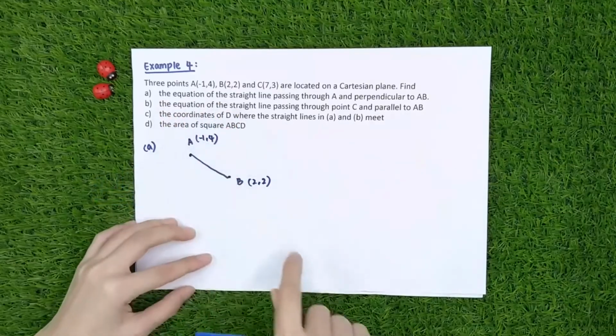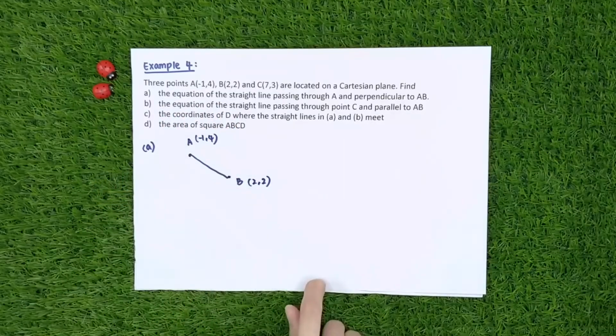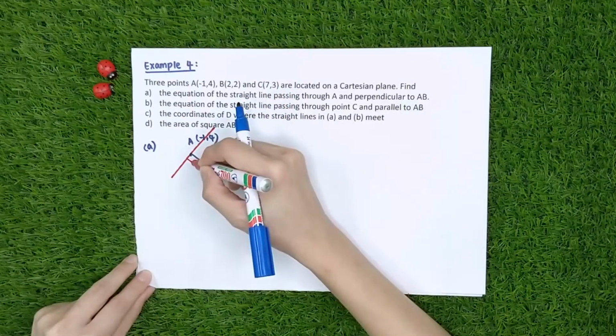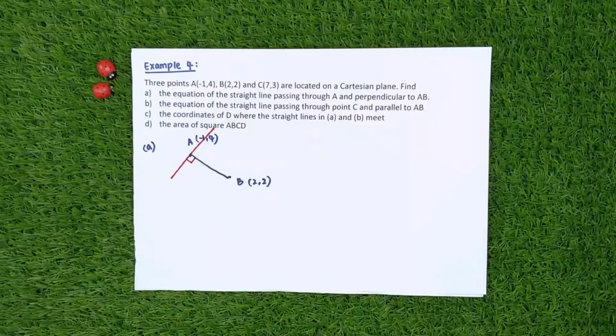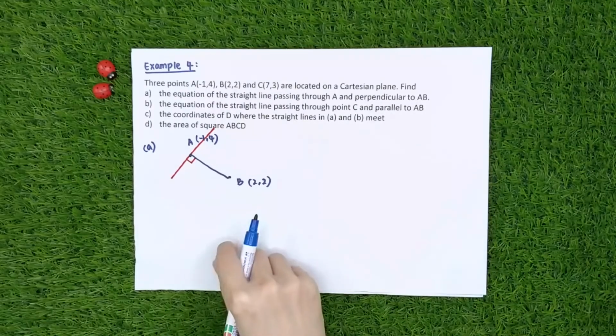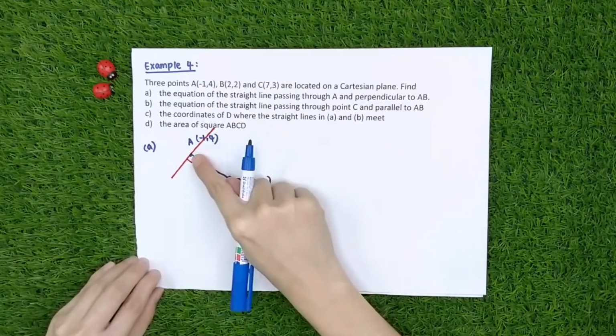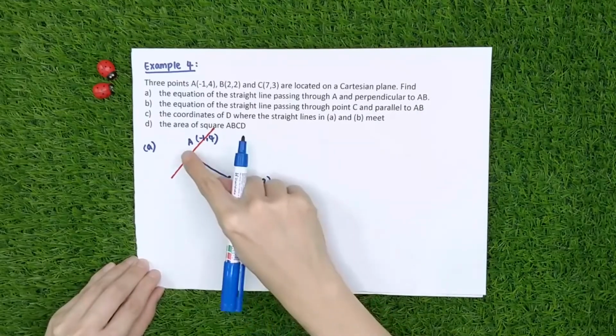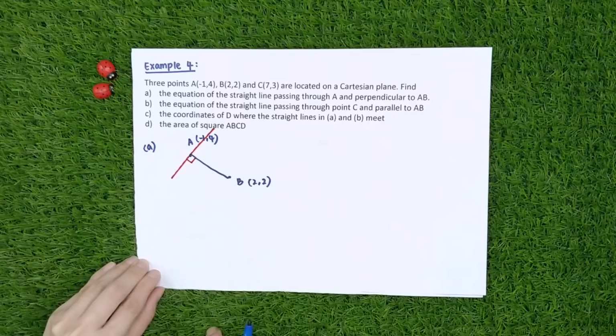Okay, the equation of the straight line passing through A and perpendicular to AB. So this is the equation that we want to find, and it is perpendicular to AB. For this equation we only have the point. We don't have the gradient. So we can find the gradient by using the gradient of AB.